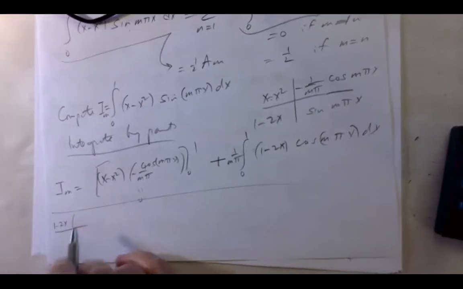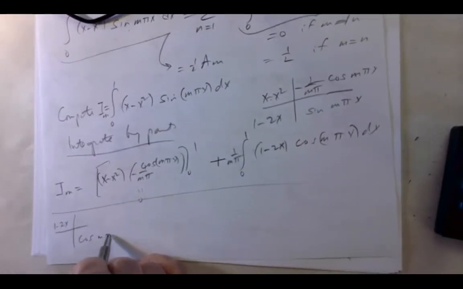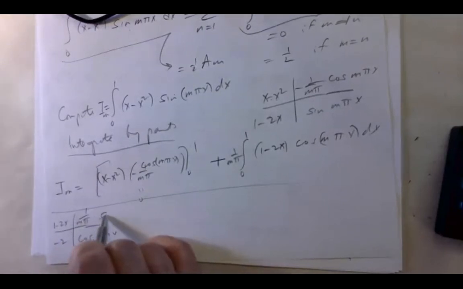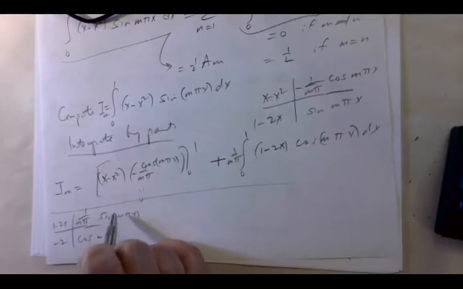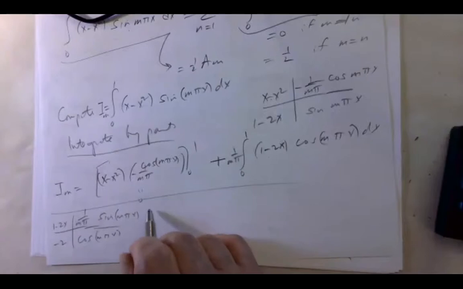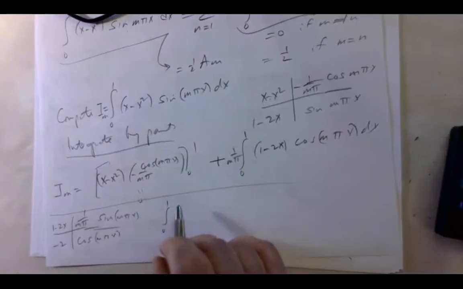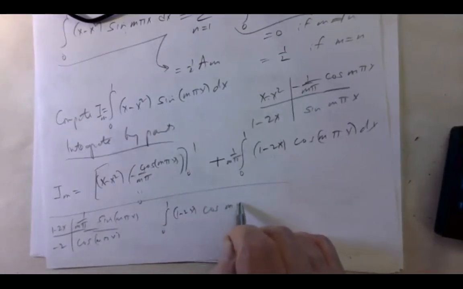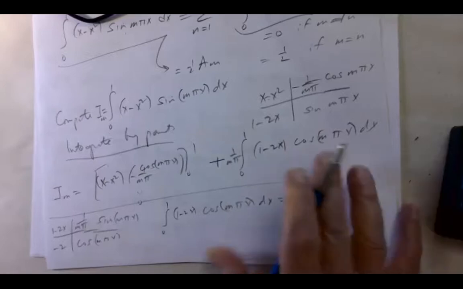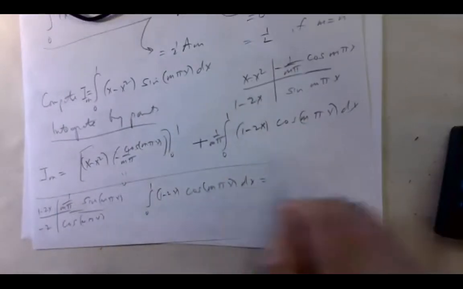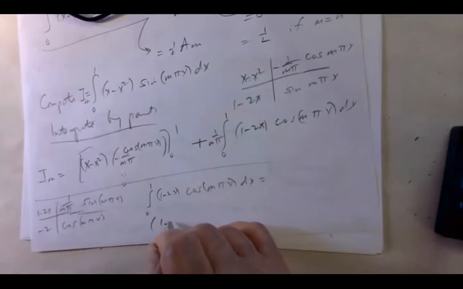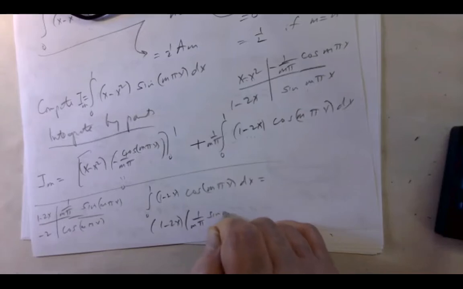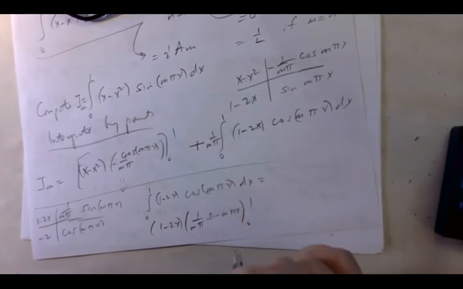If I have 1 minus 2x and cosine m pi x, this is minus 2, and this is 1 over m pi sine of m pi x. So the integral from 0 to 1 of 1 minus 2x cosine of m pi x dx is this times this, 1 minus 2x, 1 over m pi sine of m pi x from 0 to 1.